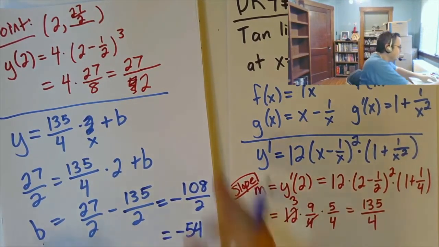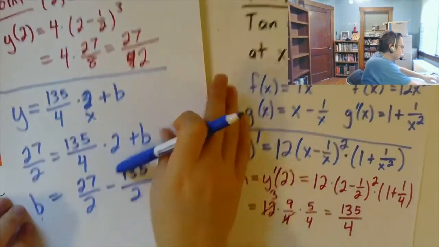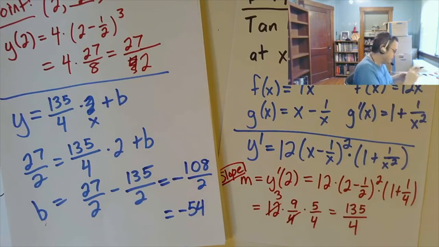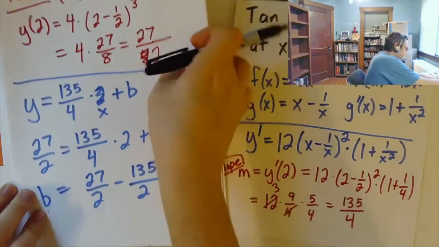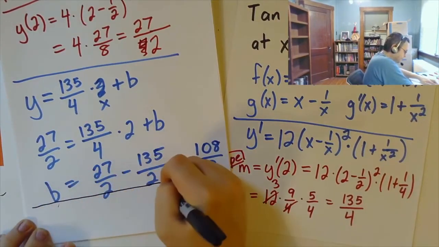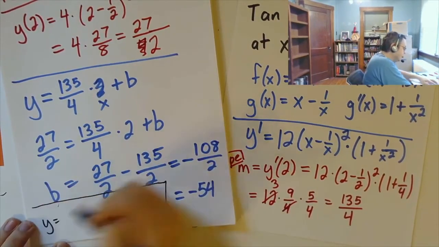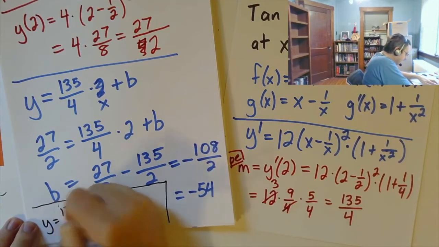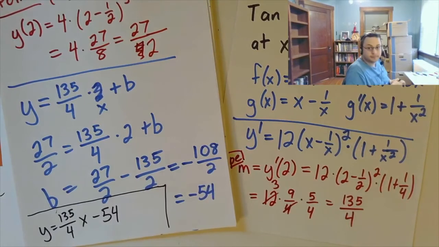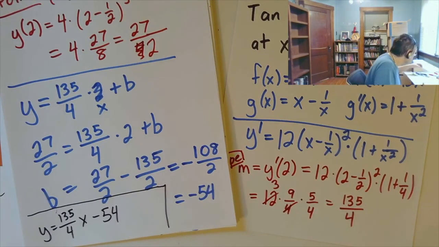Which means that the equation of our tangent line here works out to be just y equals 135 over 4 x minus 54. Okay, so that is derivative review 4, number 2.